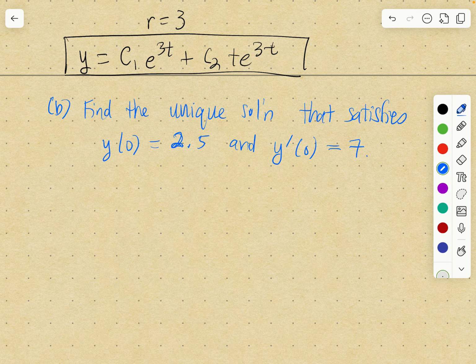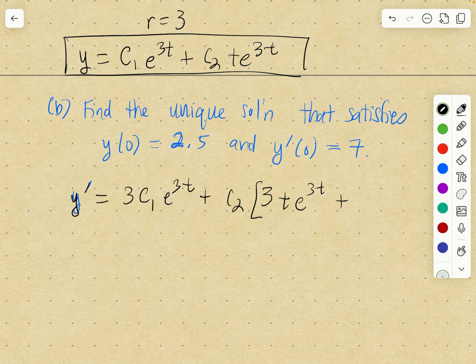Okay, so first we have our y. Let's take the derivative to figure out y prime. So y prime is going to be 3c1 e to the 3t plus c2, and now I have a product rule. So I have t times the derivative of e to the 3t, that's 3 e to the 3t, and then plus e to the 3t times the derivative of t, well, that's 1.